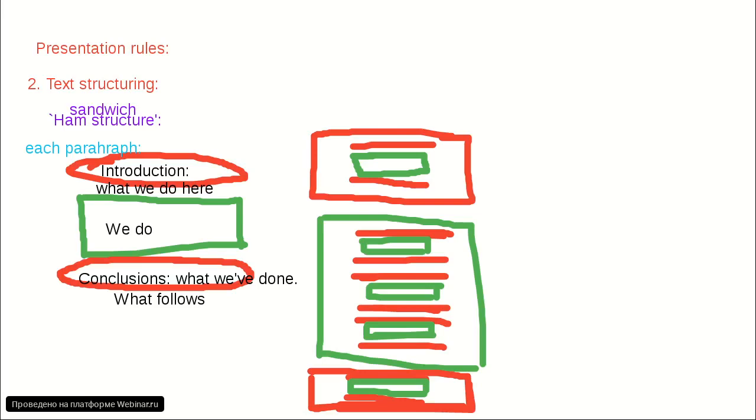And the very last thing here, sandwich structure.